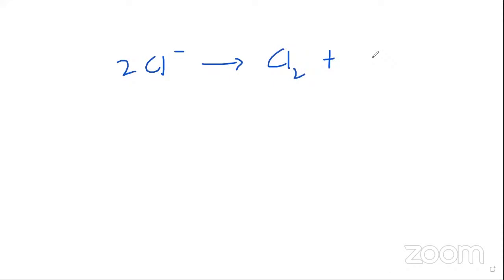This is 2 Faradays, and that is 1 mole of chlorine. 1 mole of chlorine is the same thing as 24 dm3 at RTP, because we know that 1 mole of any gas occupies 24 dm3.